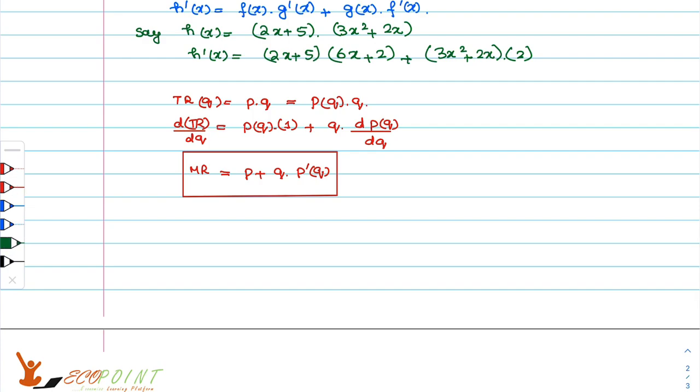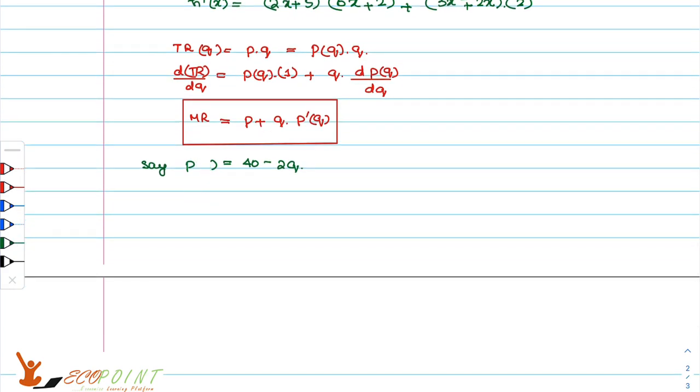So supposedly you have the demand function, price equals 40 minus 2Q. So if I need to find out the TR function, it's going to be price into quantity.